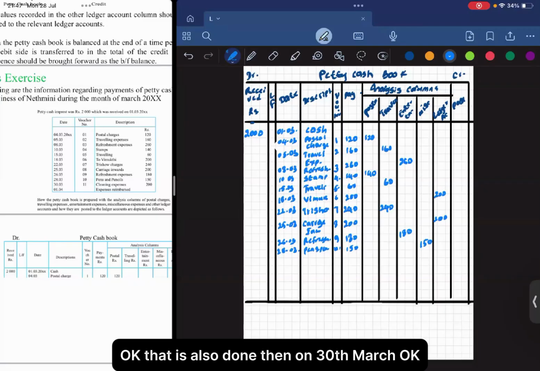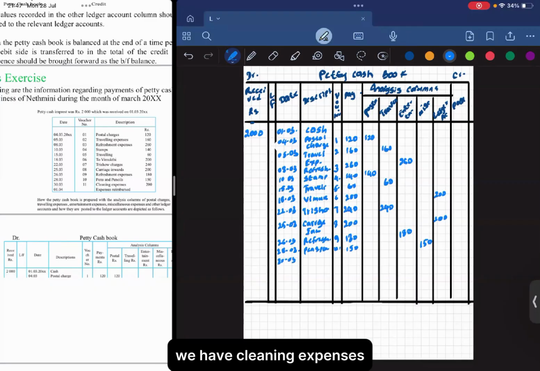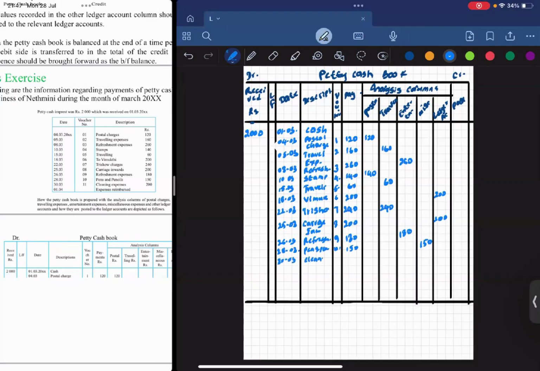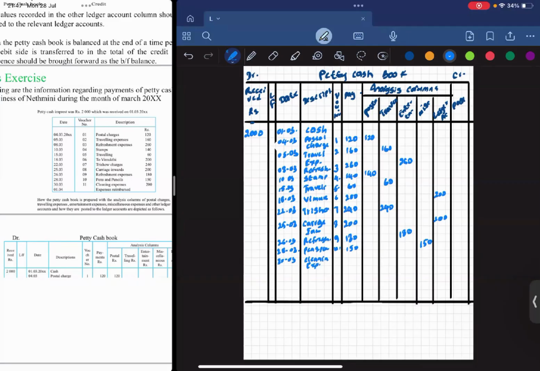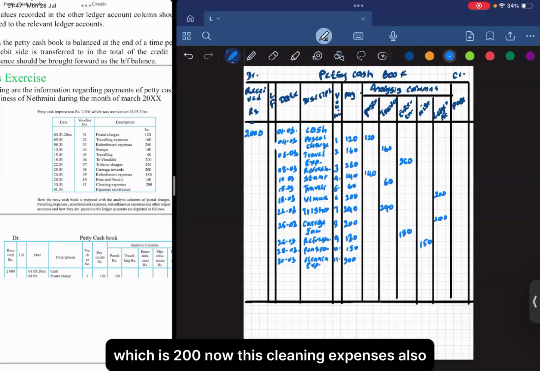Then on 30th March, we have cleaning expenses which is 200.